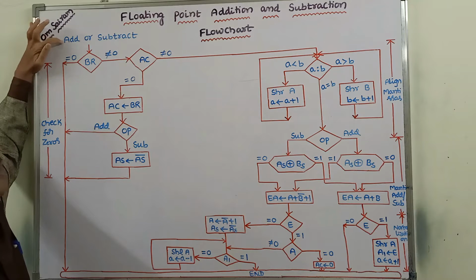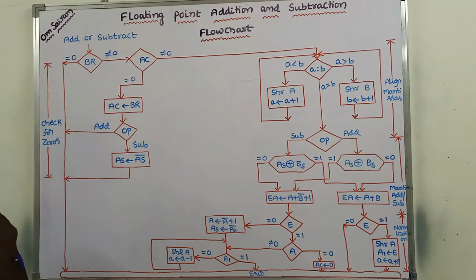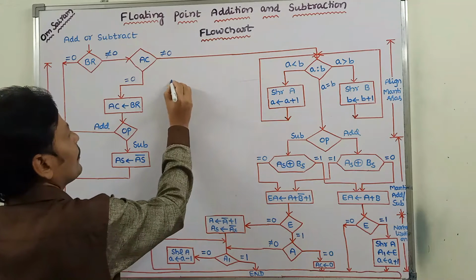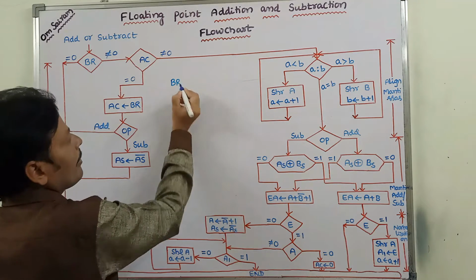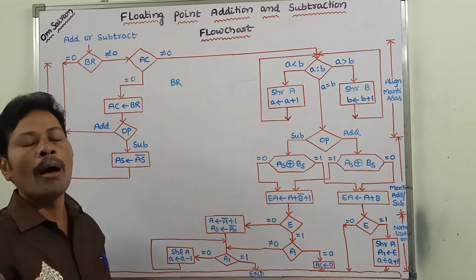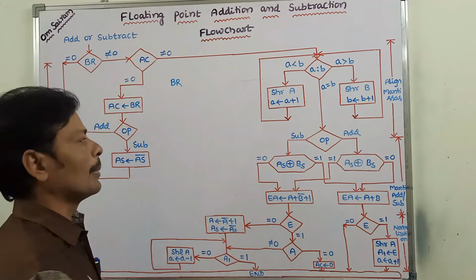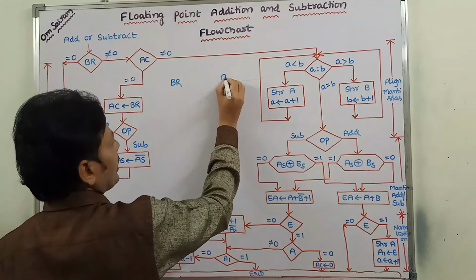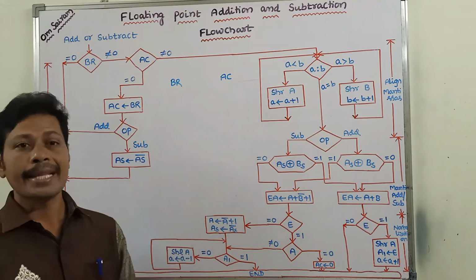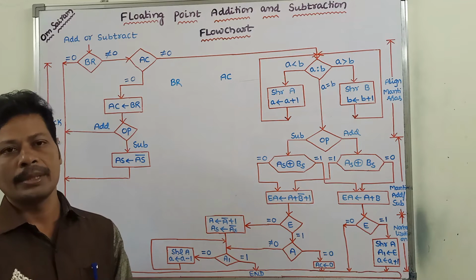To perform the addition or subtraction between two floating point numbers, we require two registers. First register is the BR register, in which we store the first floating point number. Second register is the AC register, in which we store the second floating point number.